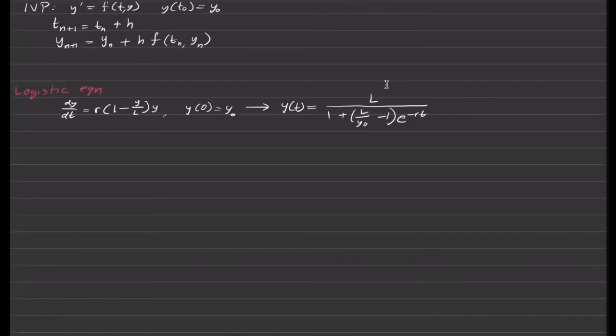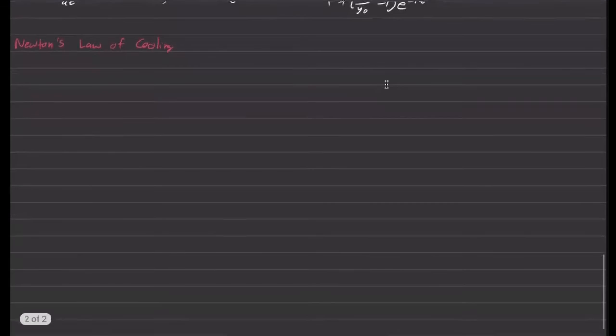Next application we're going to cover is Newton's law of cooling. With Newton's law of cooling, we're given a differential equation of the form d big T over d little t, so the change in temperature over time, is equal to some constant k times m minus T, and k is going to be positive.